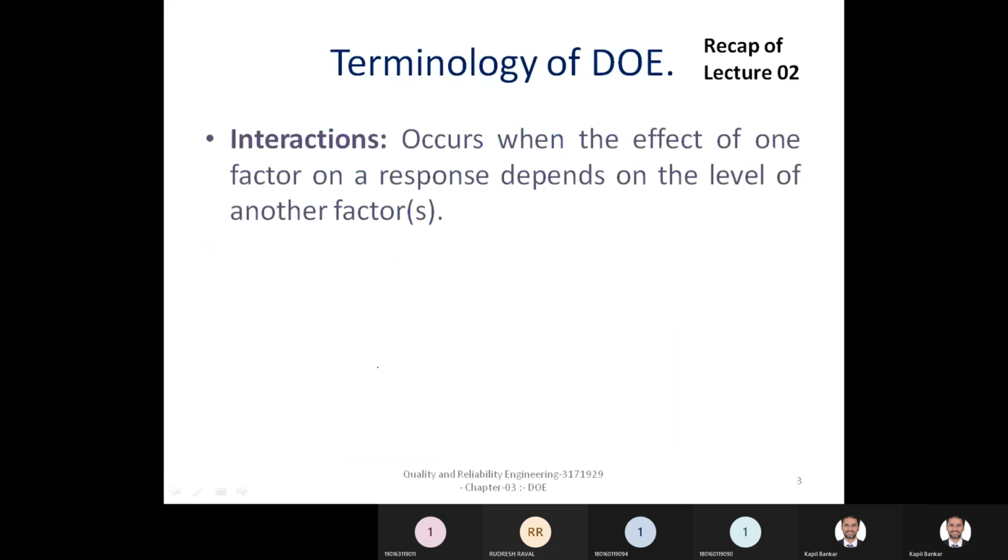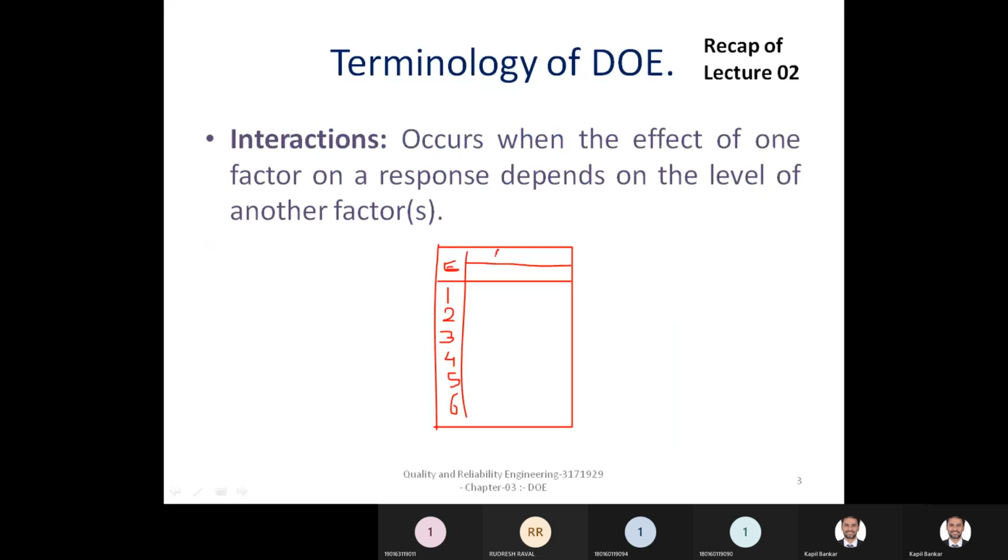Now the interaction. In any experiment, suppose you do an experiment like here, in which experimental runs are there. Suppose experiment number 1, experiment number 2, number 3, 4, 5, 6, and the columns have the factors.